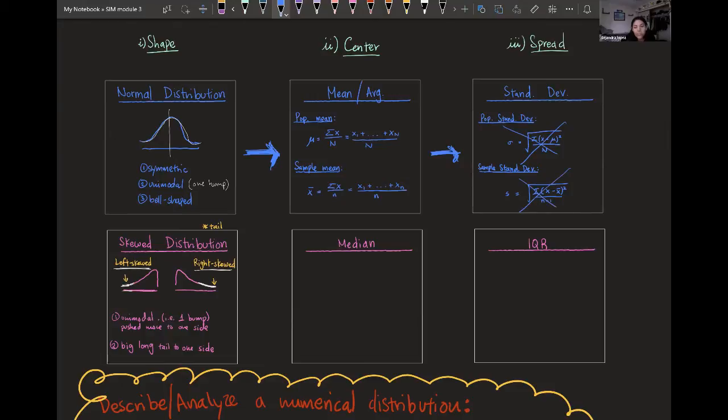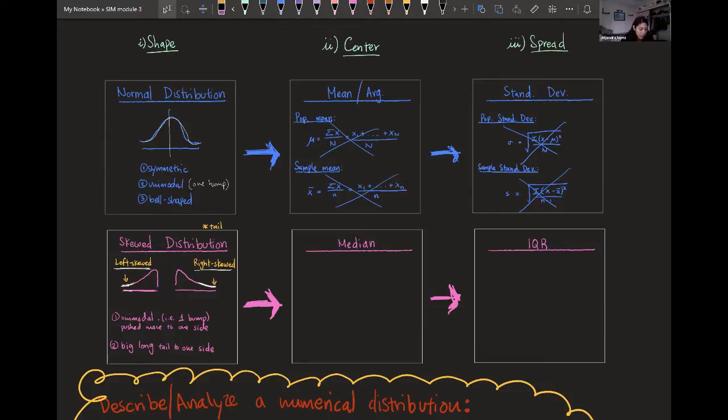We're going to use StatCrunch to calculate them. For the mean, I also have the formulas here, but it might be more confusing than what it actually is. You just add all the values and divide by how many items you have, which we can also get from StatCrunch. And whenever you have a skew distribution, the center you're going to be using will always be the median, and the spread you'll always be using is the IQR.